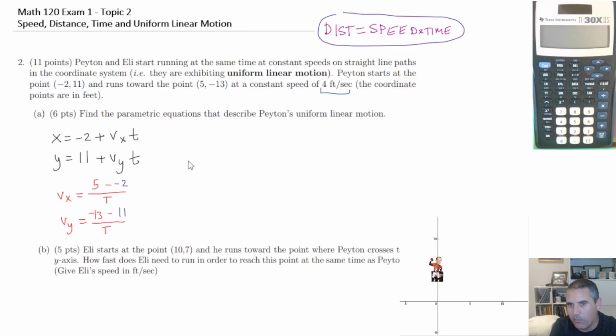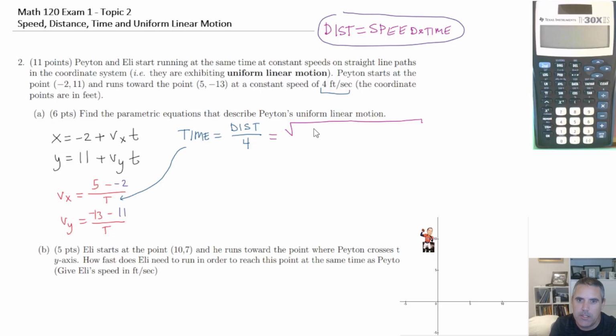This is why I really picked these problems. Time is distance over speed, and they told me the speed is 4. So really what I needed to do to figure out this time was to figure out the distance. Like many problems, you have a little additional problem here, which is how far is it between these points.